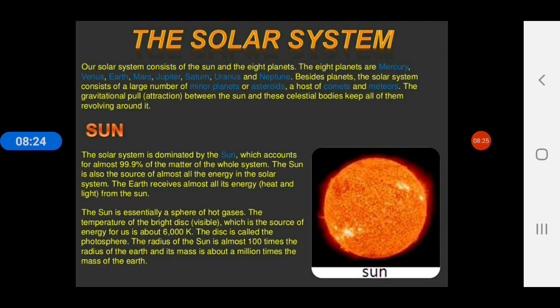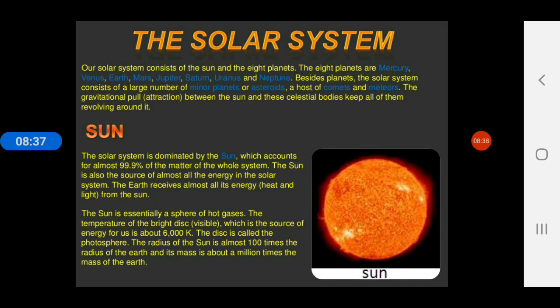The radius of sun is almost 100 times the radius of earth, and the mass is about 1,000,000 times that of mass of earth. So it is how huge, how big is sun in relation to earth.